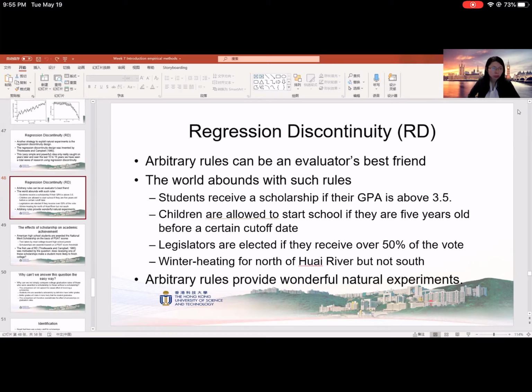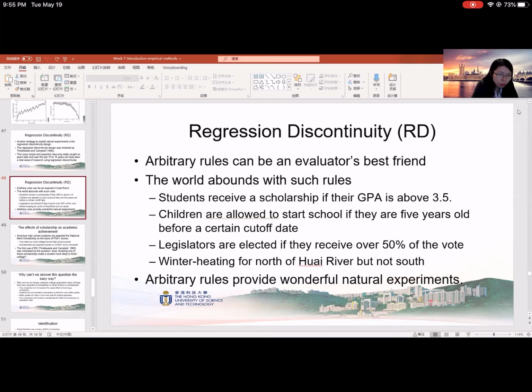One group got college education, one group failed to get it, and you can trace them into the labor market and look at their earnings. Suppose you can obtain data like that. That would be the idea for regression discontinuity. You're looking for arbitrary rules, collecting individuals around this cutoff, and seeing whether you observe a sharp difference in your outcome.